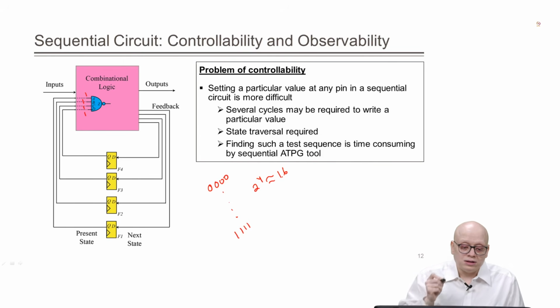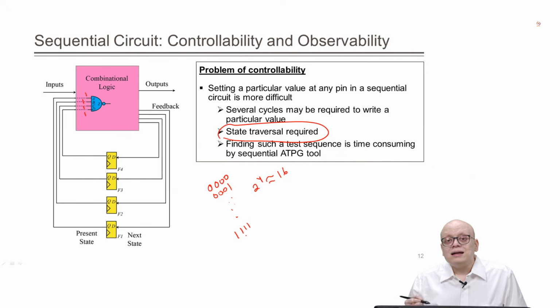That is why we say that if we want to get a value at the output of the state elements, we will require state traversal. In this case, state traversal from 0 0 0 0, then to 0 0 0 1, and so on up to the state 1 1 1 1.